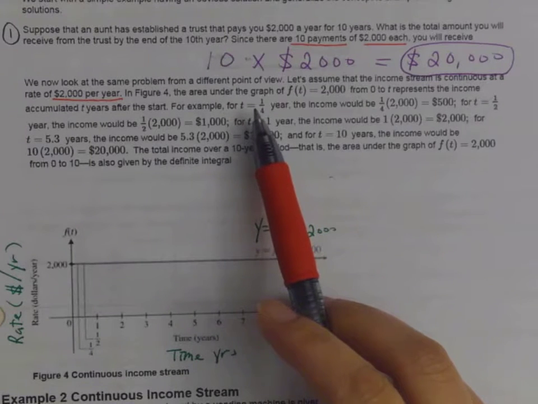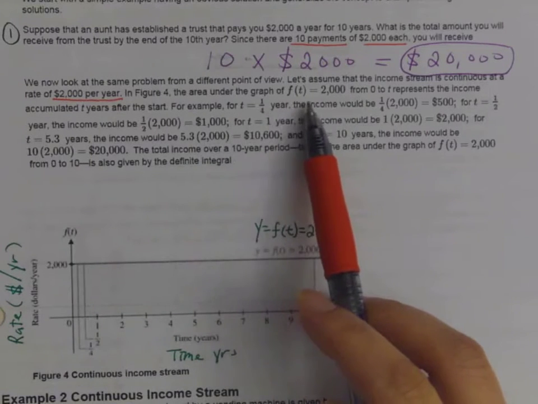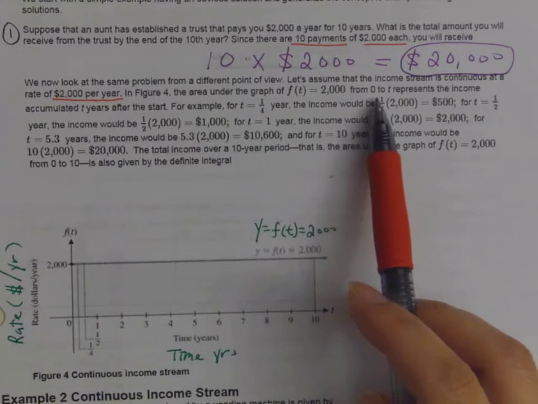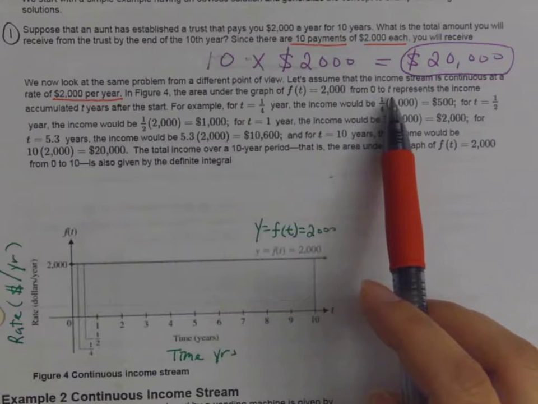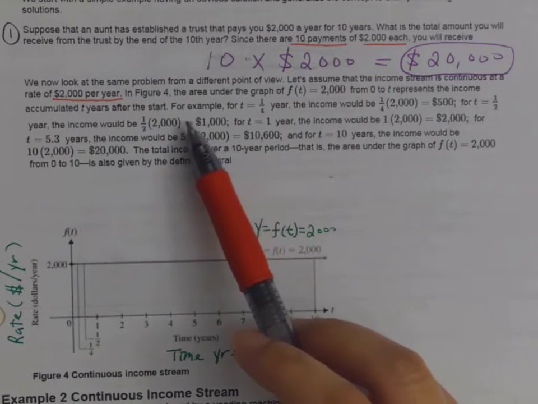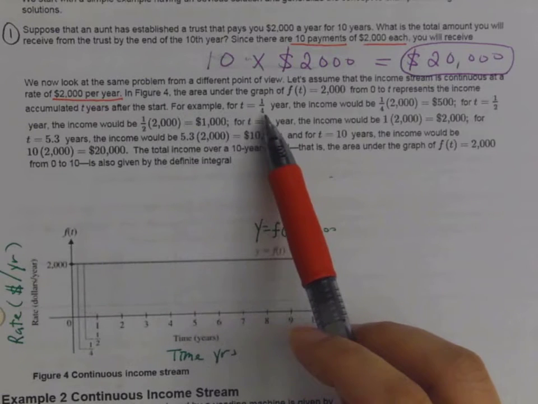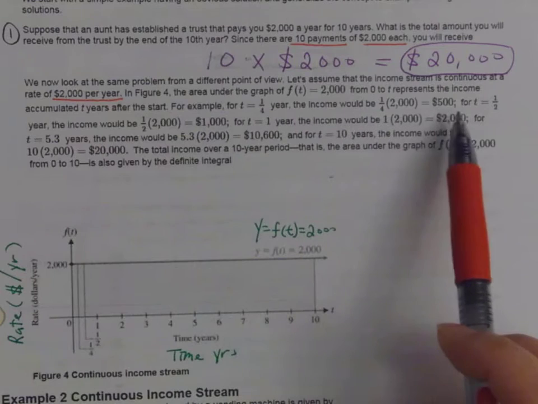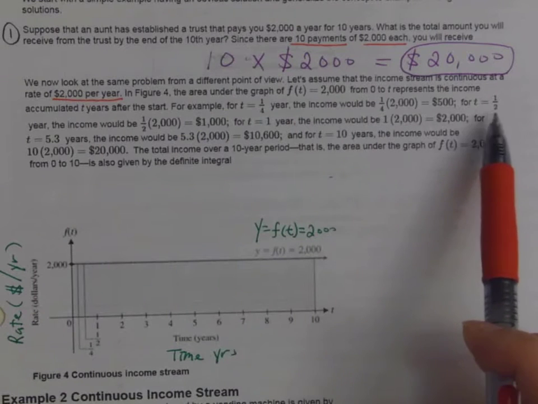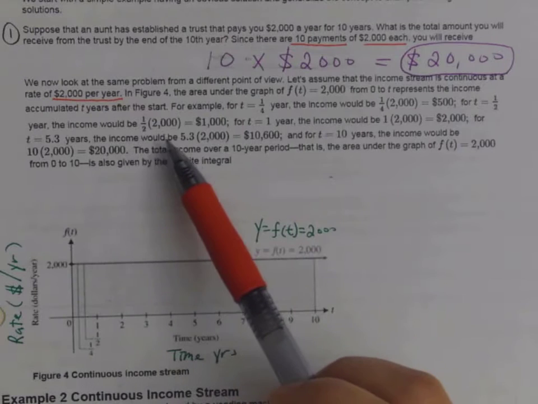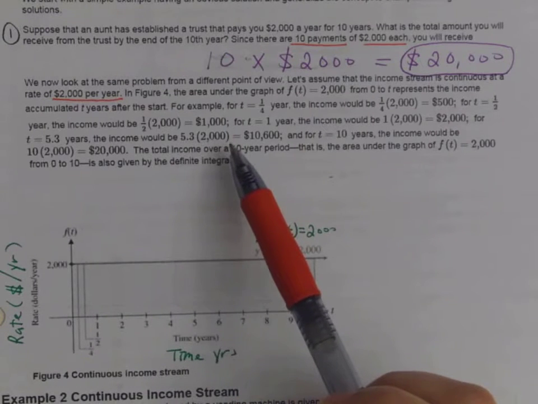We are looking at the area under the graph of f of t equal to 2,000 from 0 to t, which represents the income accumulated t years after its start. For example, if t is 1/4 year, the income would be 1/4 of $2,000, which is $500. When t is 1/2 of a year, the income is $1,000.